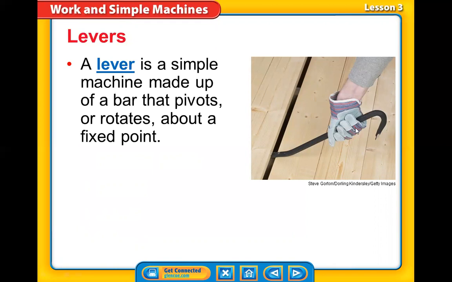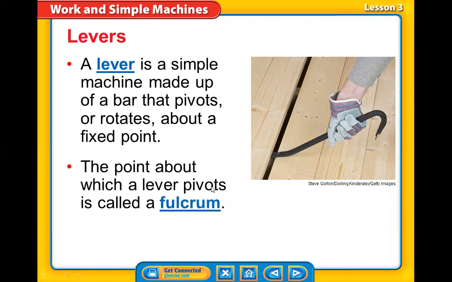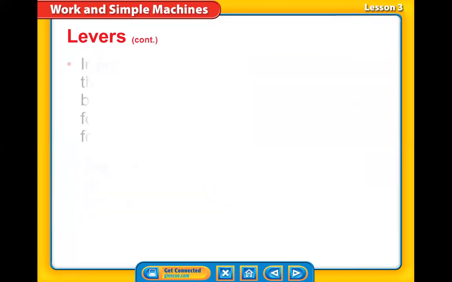As we can see here, to move this wooden piece, I have to apply a force, which is here in this point, my input force, and to lift it, this is the output force, but I have to fix it on a point. We call it the fixed point, and also we call it fulcrum, the point in which the lever pivots or rotates around. It's called fulcrum, the point that is fixed.